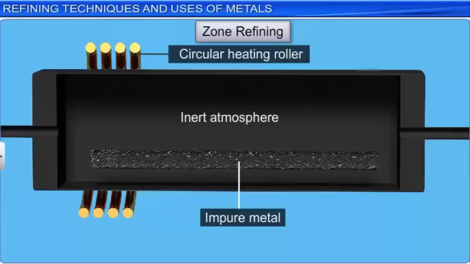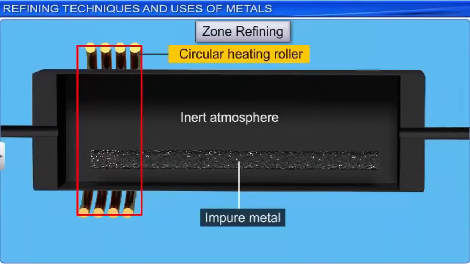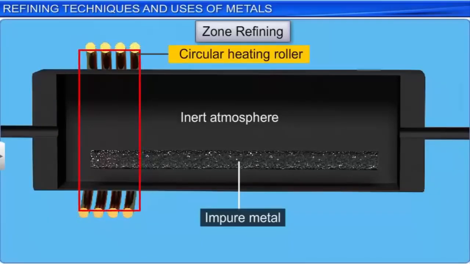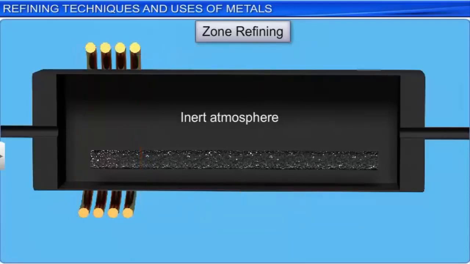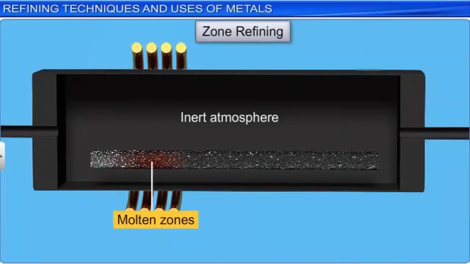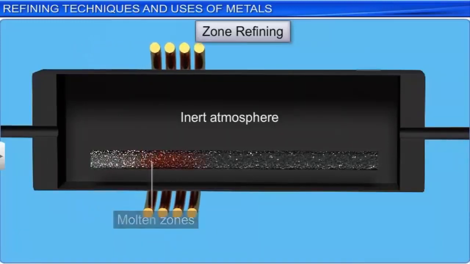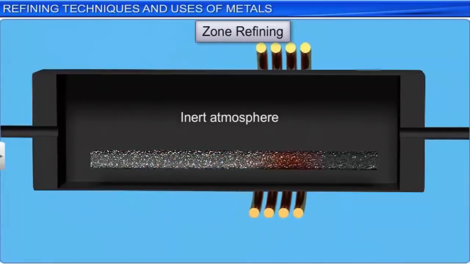In this technique, a movable circular heating roller is fixed at one end of a rod of impure metal. The metal melts in zones, called molten zones, as the roller moves towards the other end of the rod.